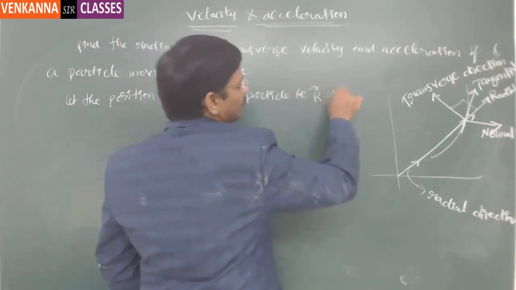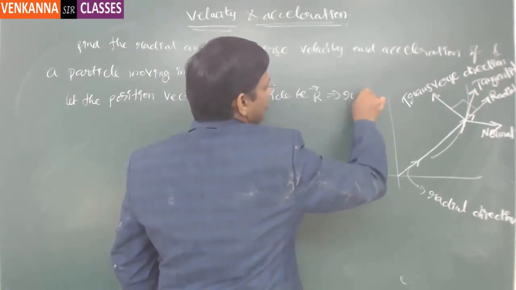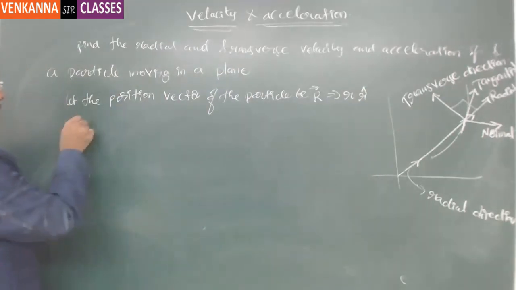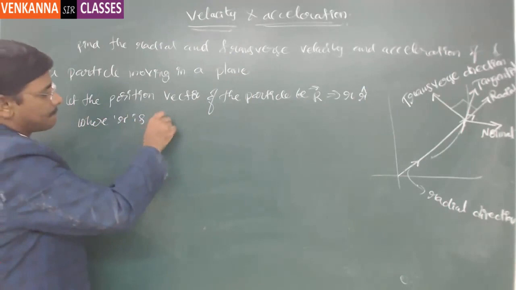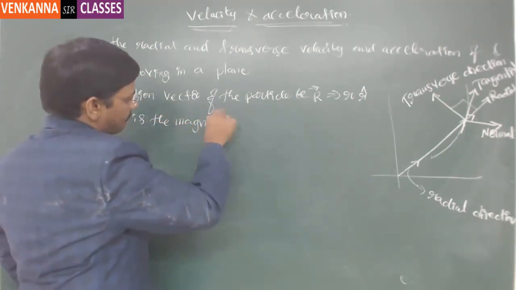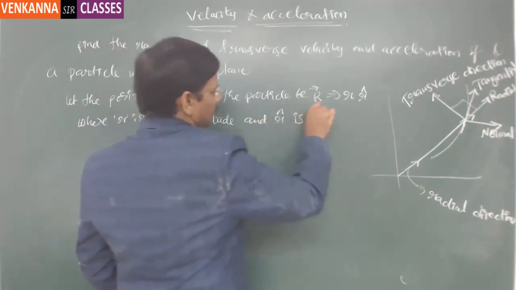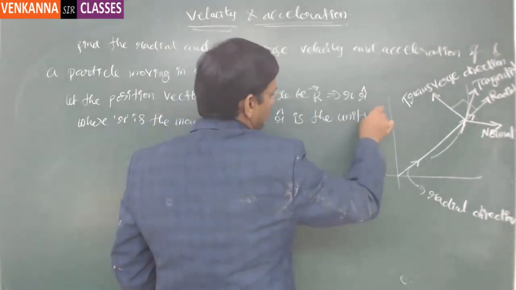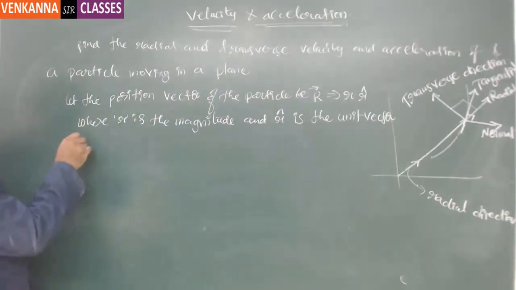So r can be expressed as small r into r cap, where small r is the magnitude and r cap is the unit vector in the radial direction.